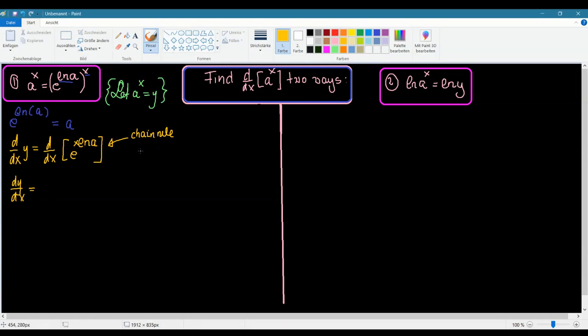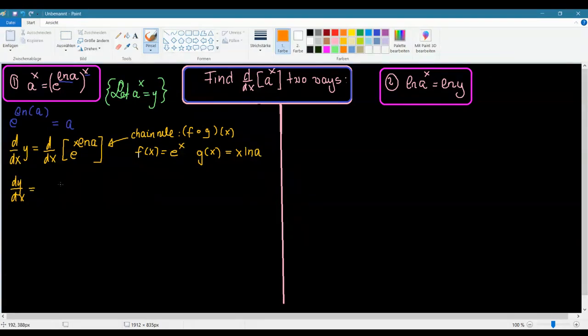The outer function, I'm going to write this as f of x is the outer function, is e to the x. And the inner function, g of x, is going to be x ln a. And this is going to be f composed with g of x. Okay, just to make that a little bit clearer, I'm actually going to change colors here.